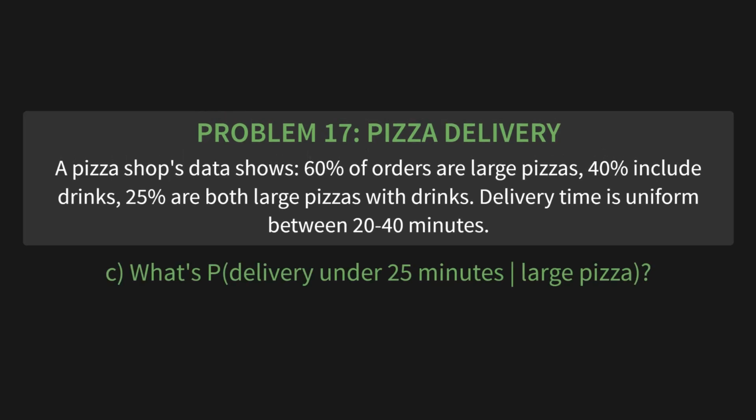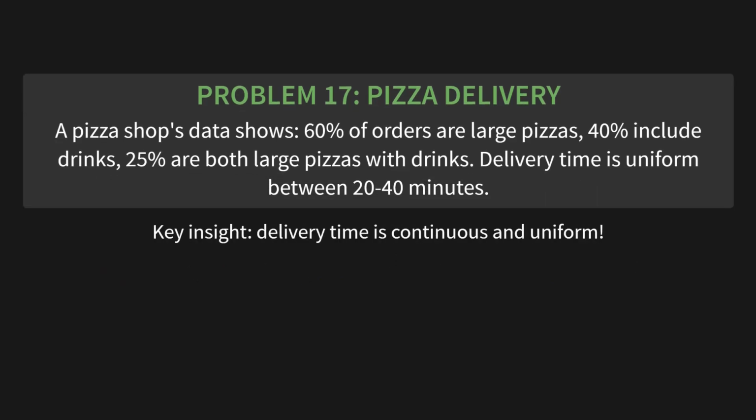If someone orders a large pizza, what's the probability their delivery arrives in under 25 minutes? This is where you need to think carefully about what affects what. Delivery time depends on traffic, distance, how busy the kitchen is. But does it depend on pizza size? No. Pizza size and delivery time are independent.